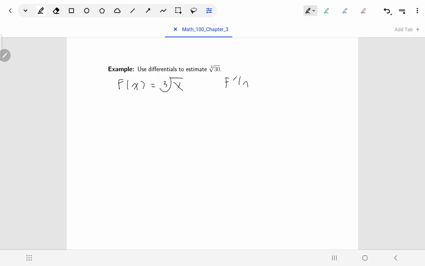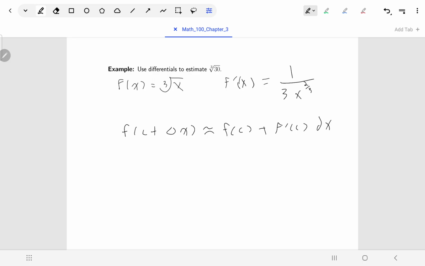If you did the derivative of that, you'd have 1/3 x to the negative 2/3, or if you were to rewrite that, 1/3 over x to the 2/3 with a positive power now. So if I'm looking for f of c plus delta x, we said that's approximately f of c plus f prime of c times dx.